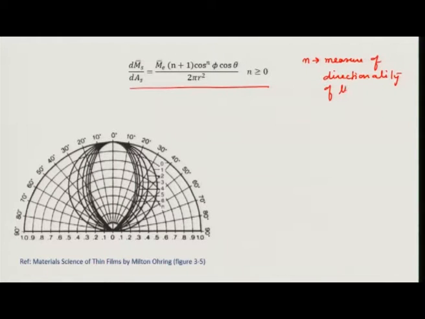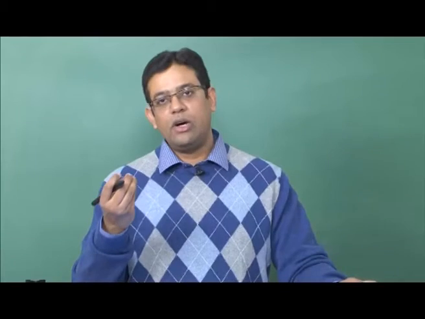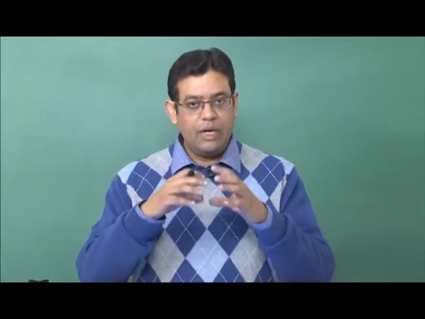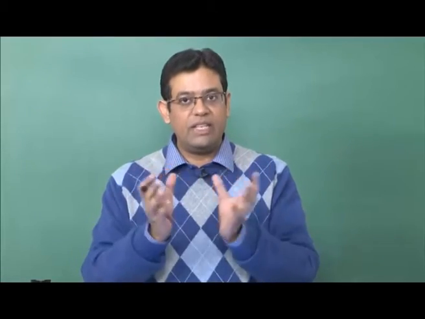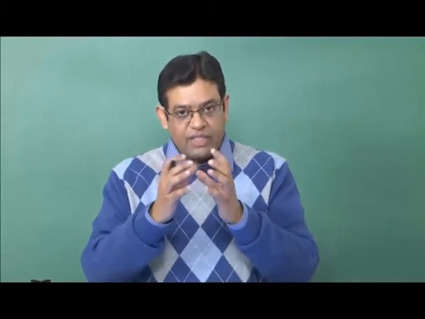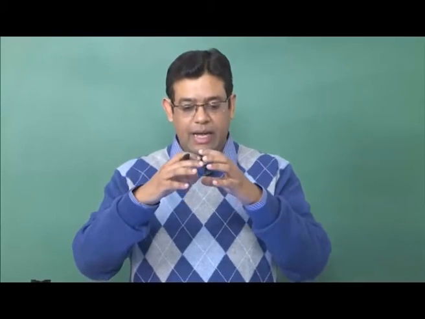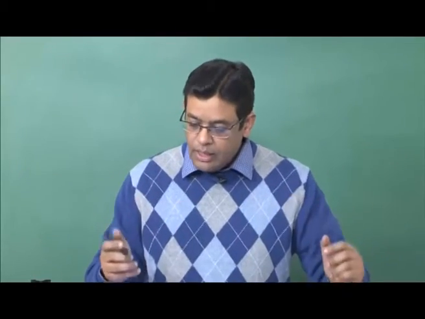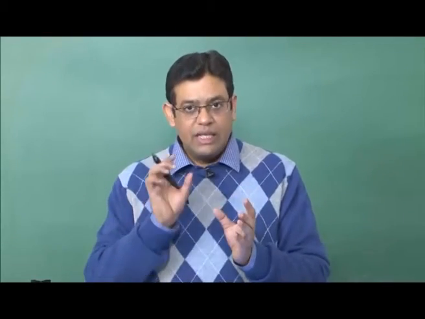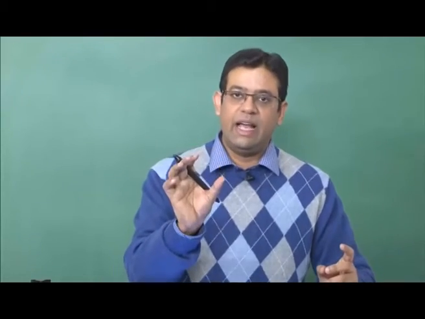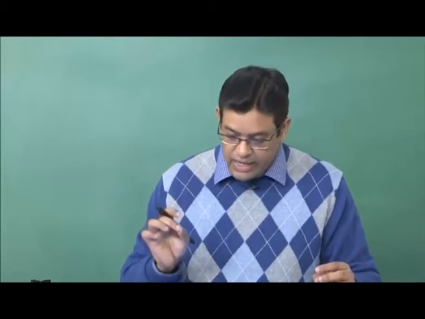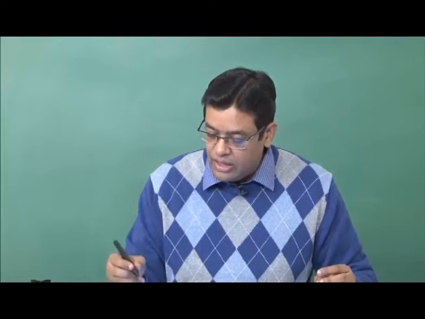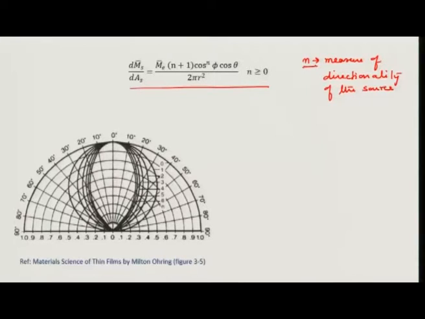Now, if there is a point source, it is non-directional, because the material is going to vaporize in all directions and the flux will be in all directions exactly the same. But in a directional source, the flux is directed towards a certain angle or direction, and that is the measure of directionality given by n.